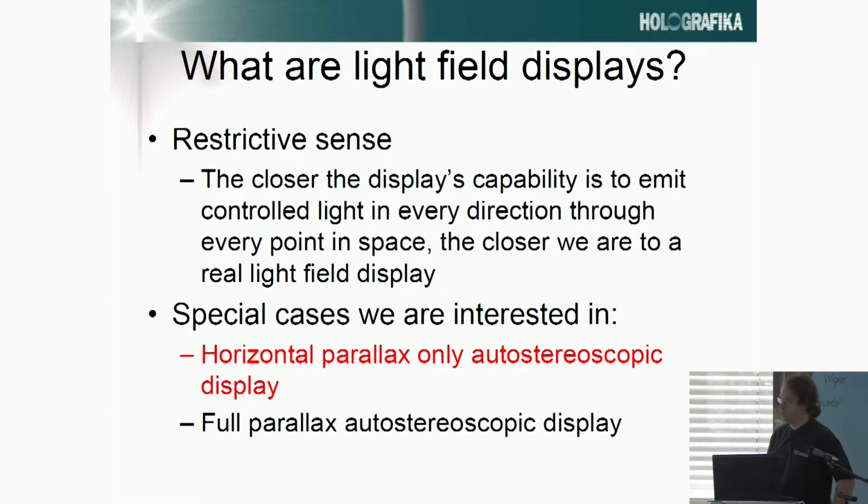One of them is the horizontal parallax only autostereoscopic display that controls the light color through every direction in the horizontal. And in the vertical, it will diffuse the color. So in the vertical, you will see the same, and in the horizontal, you will see different colors as you move in front of the display. The other special case, as I mentioned, is the holy grail, to build a full parallax autostereoscopic display.